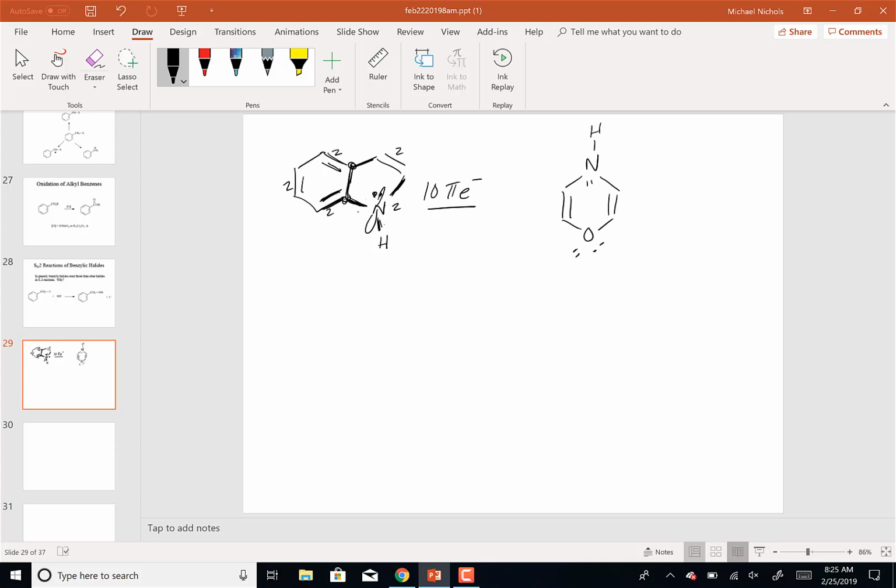So this system would be aromatic when the nitrogen decides to become sp2 hybridized, which it will, in order for the system to become aromatic and stable. Does everybody see that?